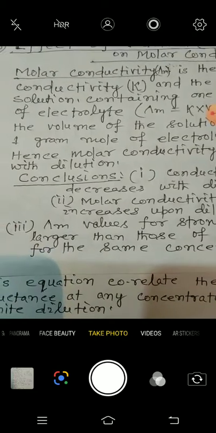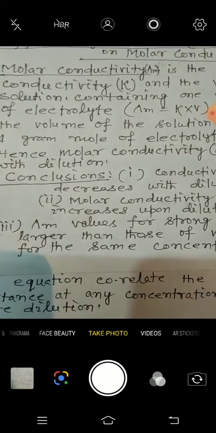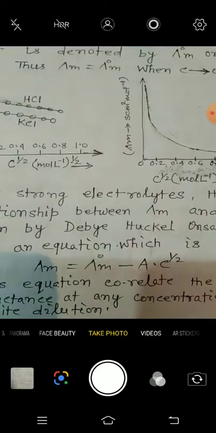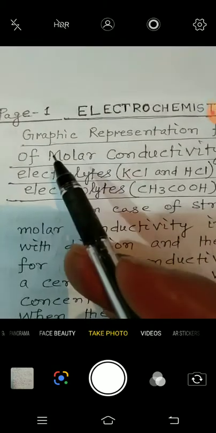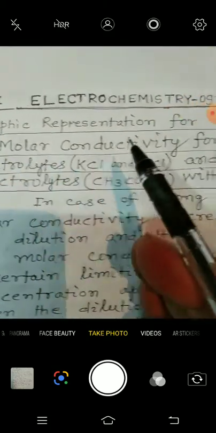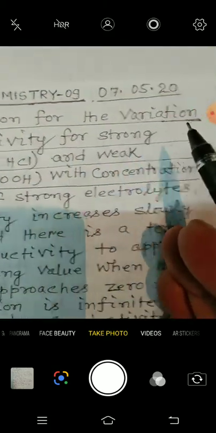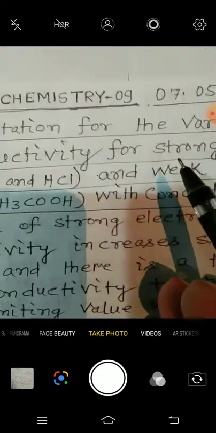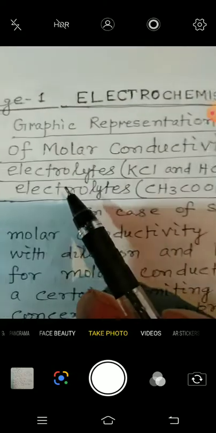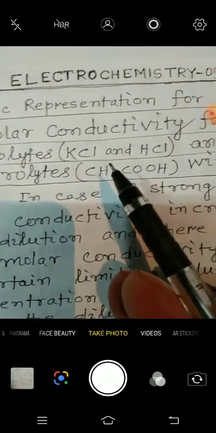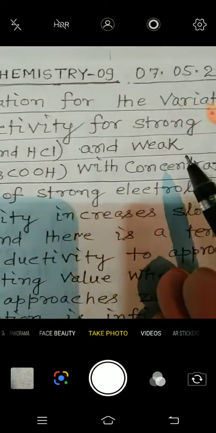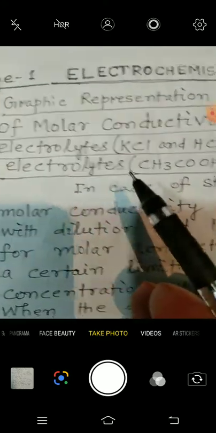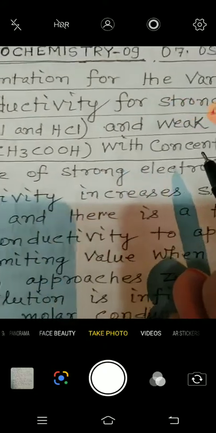Today this can be understood with the help of a topic, the graphic representation for the variation of molar conductivity with concentration for strong electrolytes, that is KCl and HCl, and weak electrolytes, that is acetic acid.